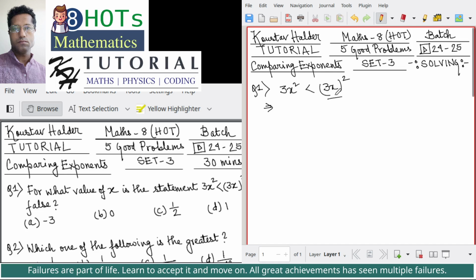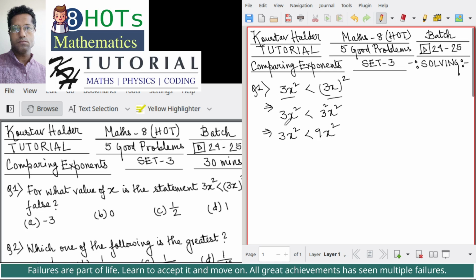You can consider this as the RHS and the LHS of this inequality. This whole expression is an inequality where the inequality sign is less than. So we have, it is given that 3x square is less than square of 3x, which is 3 square x square. So we are given that 3x square is less than 9x square.